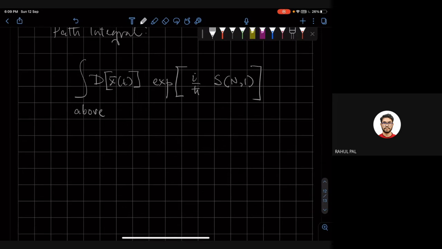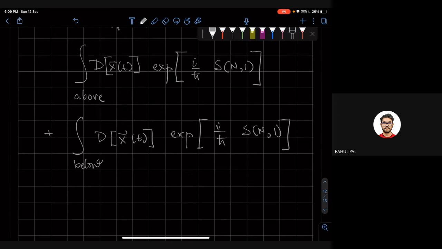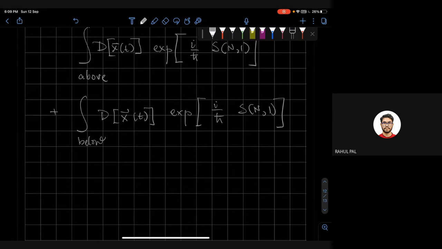And then there will be another contribution, which would be from all the paths which go below, and again, this will be weighted by the corresponding actions. So this is our path integral before.